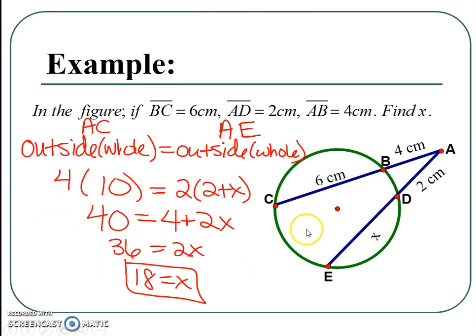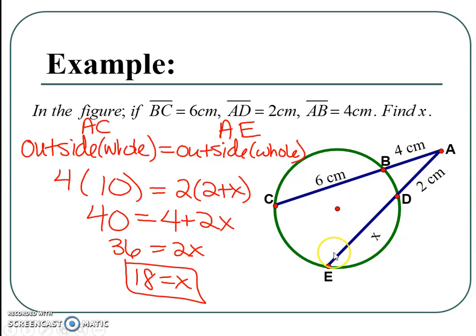So let's take a look at this circle and two secant segments. In the figure, if BC is 6, AD is 2, and AB is 4, find X. So basically, outside times whole equals outside times whole.